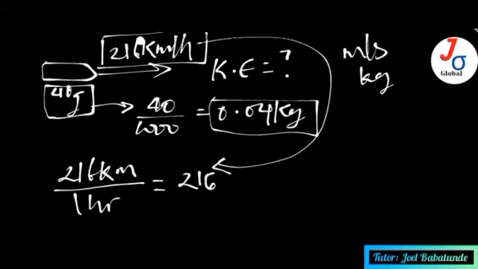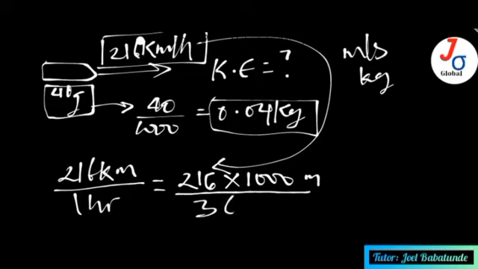To convert that to meters, we have to multiply by 1000, because kilo is 1000. Then 1 hour, meters per second. How many seconds are in 1 hour? 60 seconds make 1 minute, 60 minutes make 1 hour. So that's 3600 seconds in 1 hour.